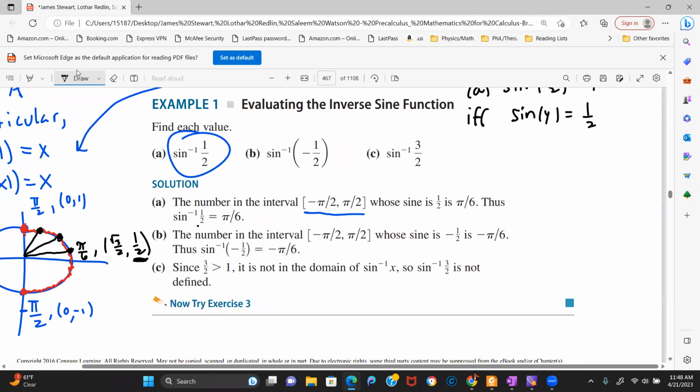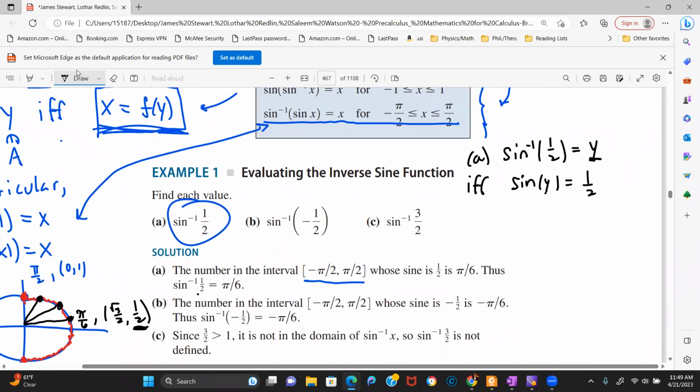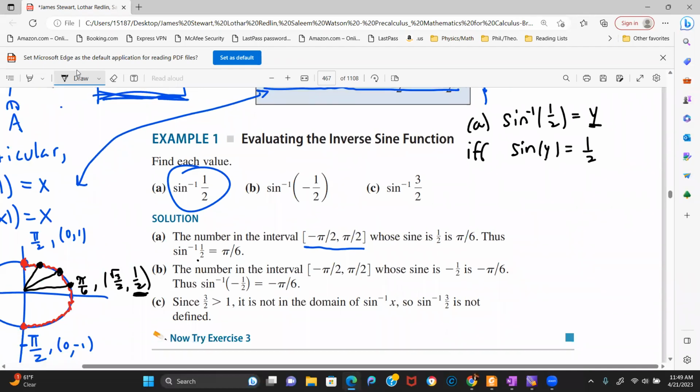So this suggests that y should be pi over 6, because sine of pi over 6 is equal to 1/2. Hence we can say that sine inverse of 1/2 is equal to pi over 6. So that's how you'd solve this.